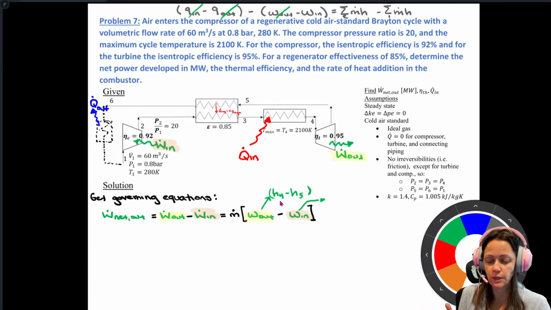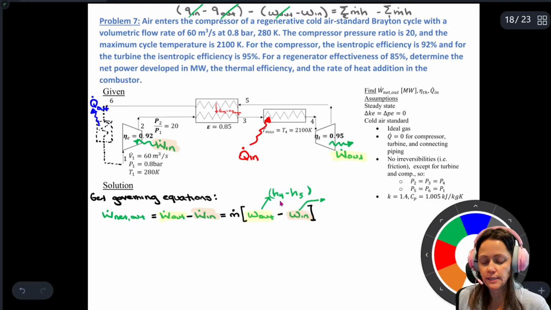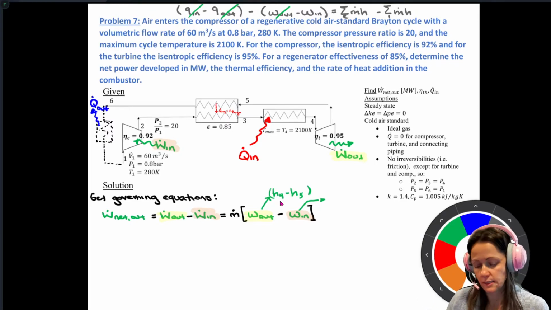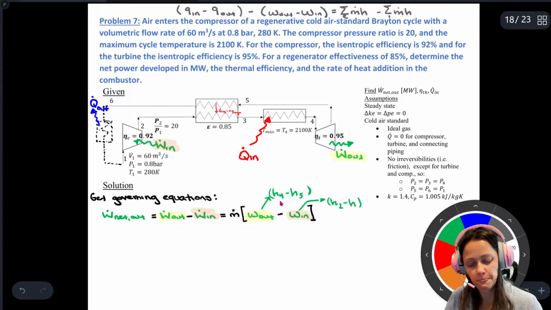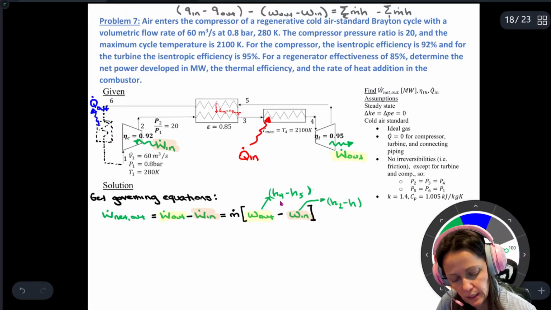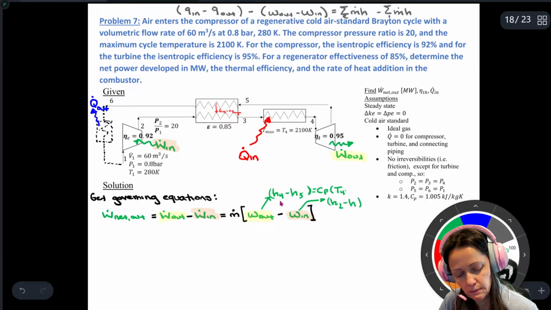So you've got the two negatives that cancel out there, and it's going to be the stuff going out minus the stuff going in. So let's do that. Stuff going out, h2, minus the stuff going in. Perfect. Like I said, this is going to be cp delta T, T4 minus T5, because I'm assuming constant specific heats.